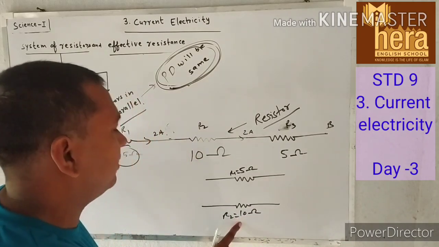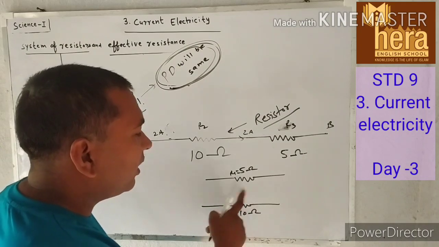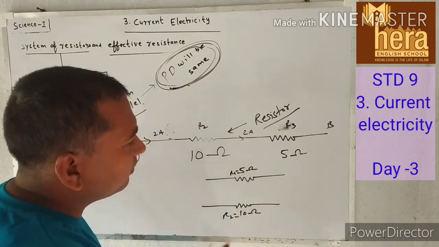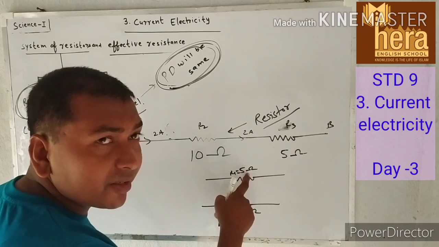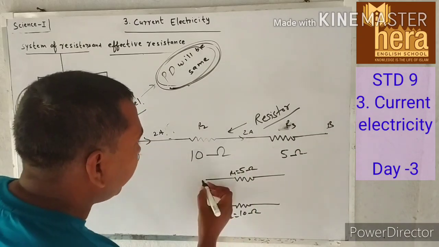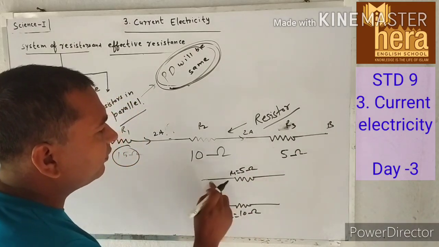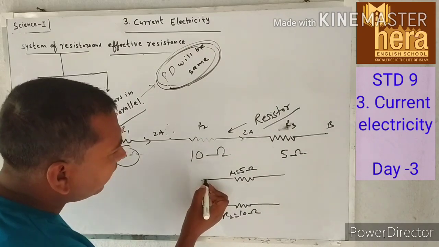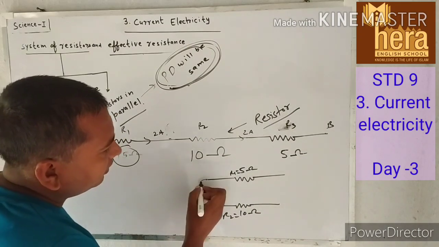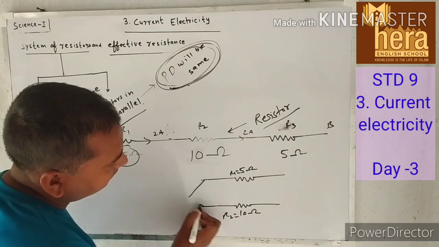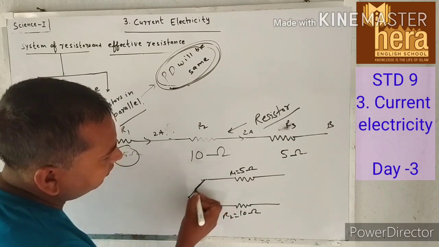R2 is a resistor having resistance 10 ohm, and R1 is a resistor having resistance 5 ohm. So if there are two terminals, 1 and 2, you can connect them with a wire.